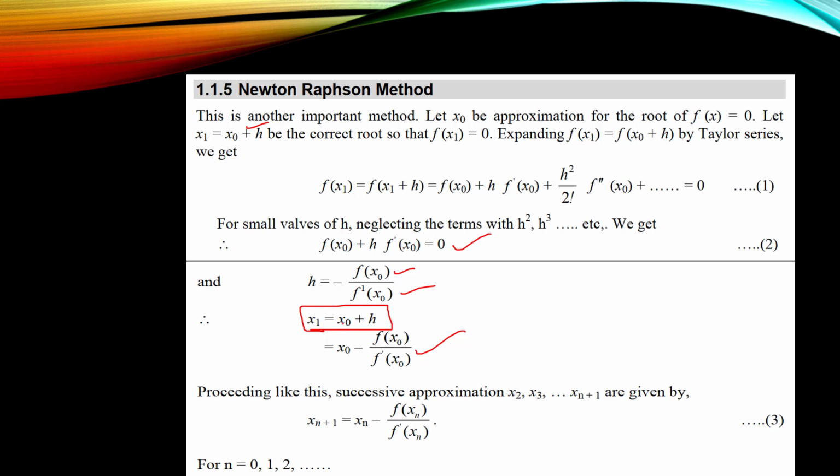So we know how that increment is converted using the Taylor series, and how we can get approximated values. The successive approximations in the case of Newton-Raphson method is given by this formula: xn plus 1 is equal to xn minus f of xn divided by f dash of xn, for n equal to 0, 1, 2.